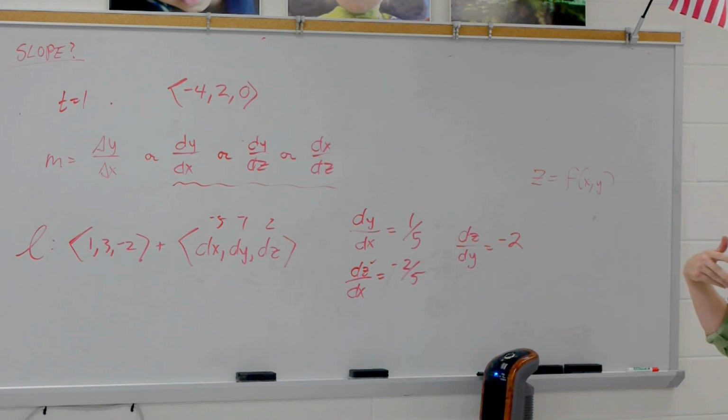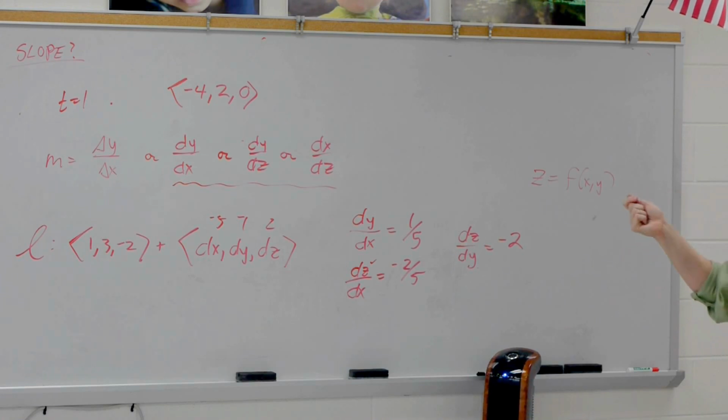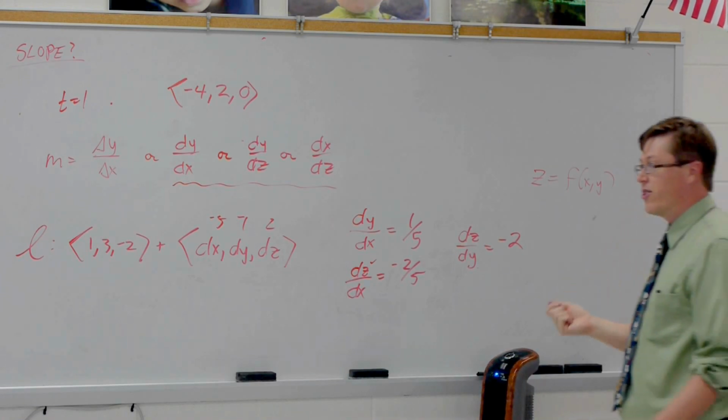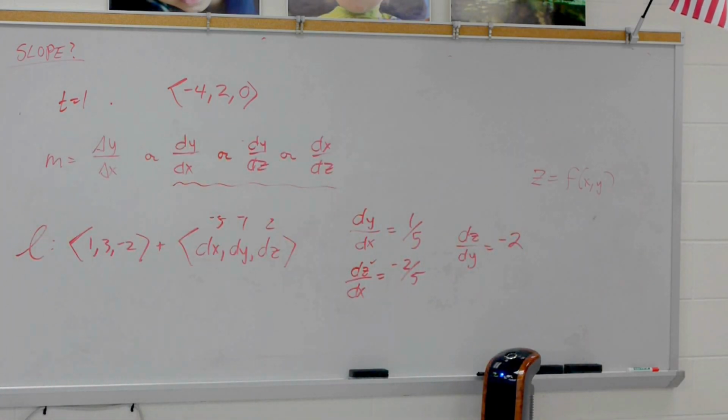Because 4 times 3 is 12 different pairs, and half of that is 6. In 10-dimensional space, there's 45. Basically, it's n choose 2, how many different pairs of slopes I'm looking at. How did you get 45? 10 times 9 over 2. It's ridiculous.